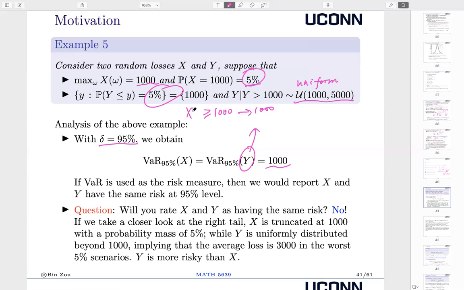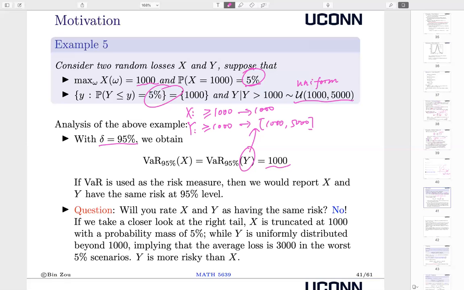This is the case for X, but this is not the case for Y, because now we know it is equally likely any number between 1,000 and 5,000 will come up, right?